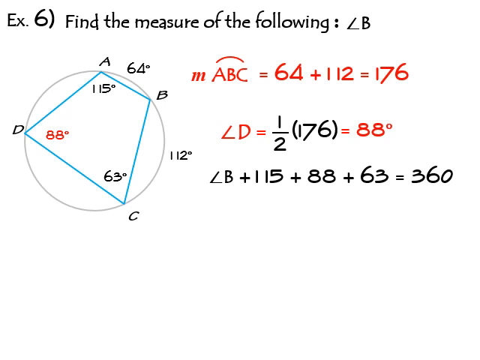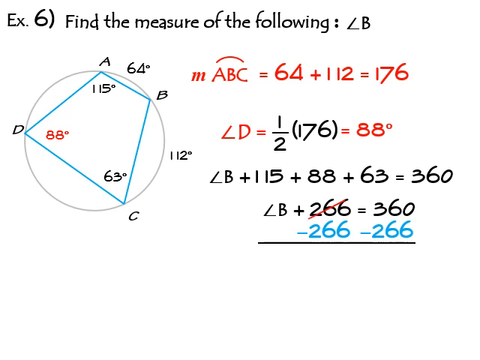Let's go ahead and add it up. Angle B plus 266 equals 360. Now let's subtract 266 from both sides. So angle B equals 94 degrees. And that's how that is done.